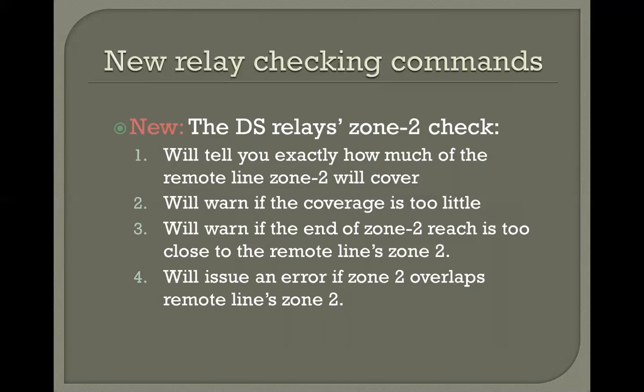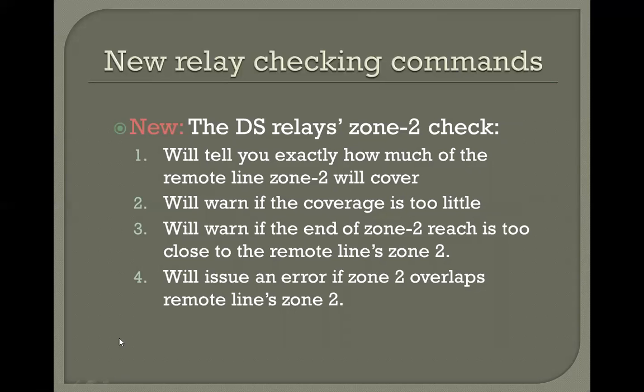So to look for the zone 2's coverage on the remote line, we will actually simulate many faults on the remote line and then see where the transition between zone 1, zone 2 and zone 3 happens. This is done with lots of fault simulations, but the program is really fast. I know it would be a lot faster than if you were doing it by hand, certainly.